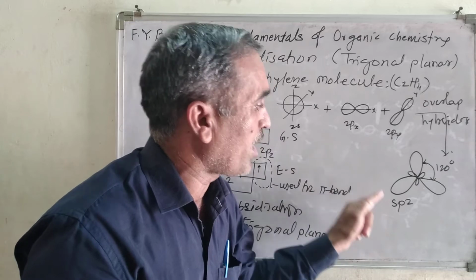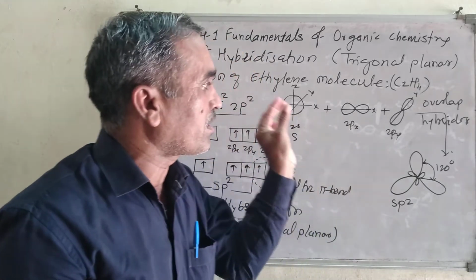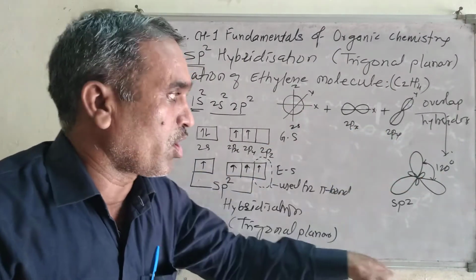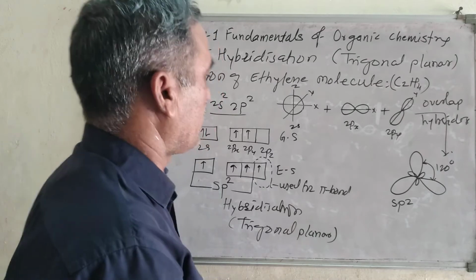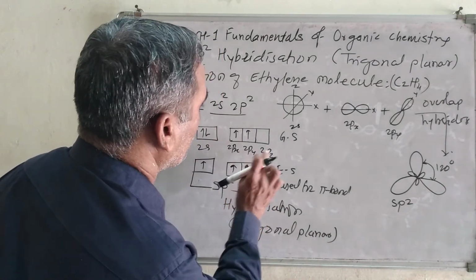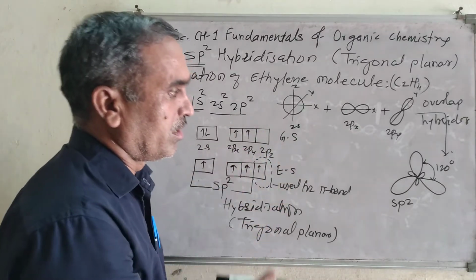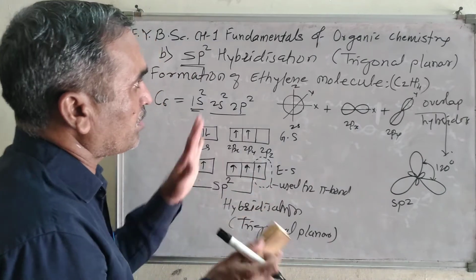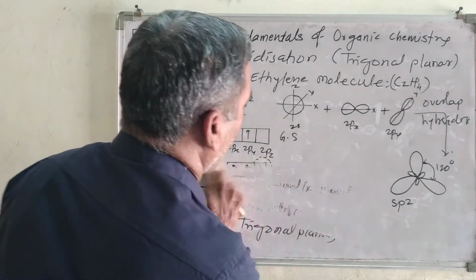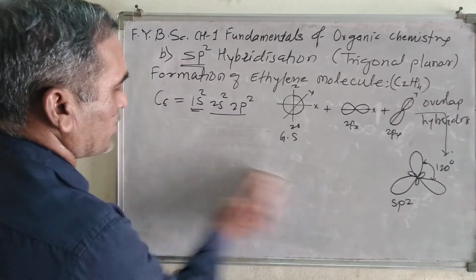There are 3 hybrid orbitals, formed from 3 atomic orbitals. Now one unhybridized 2pz remains as an unhybridized orbital. When a molecule like this is formed, how does it hybridize? Let us see here.